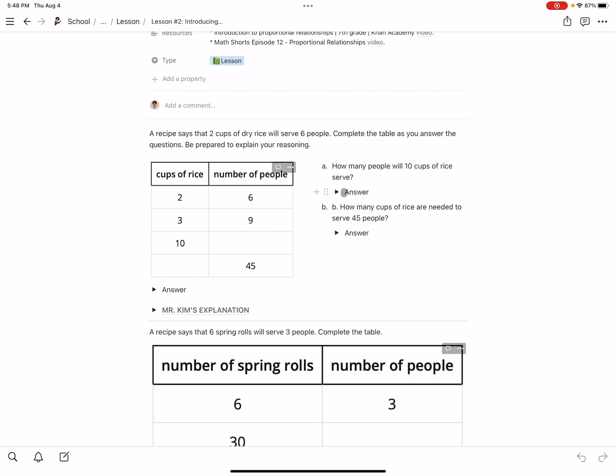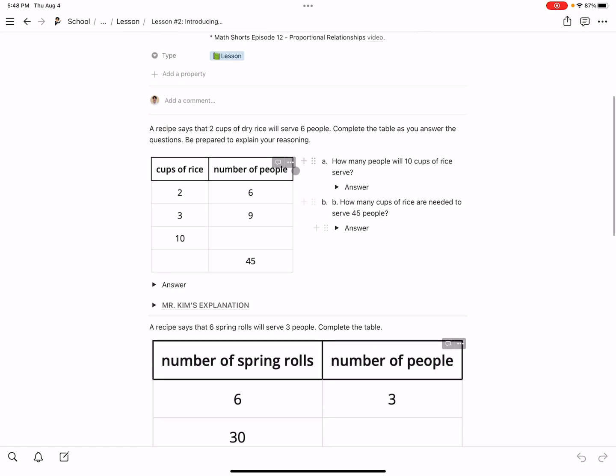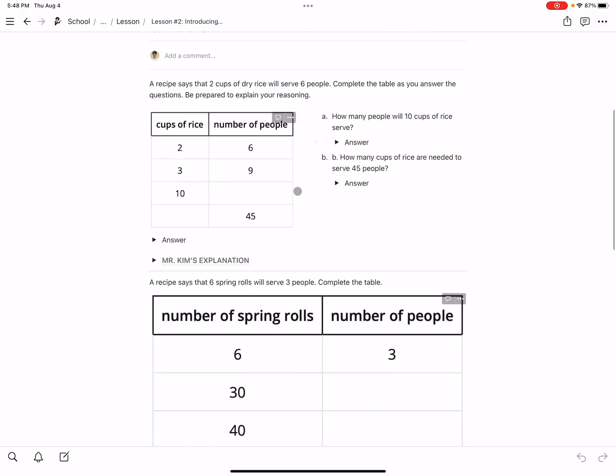The reason why I hid this answer, so that if you click on it the answer will show, is so that I can give you an opportunity to wrestle with the problem before you click on the answer. So wrestle with it, really struggle with it. I would say per problem, you should take at least 30 minutes, 30 minutes to an hour, just solving one problem.